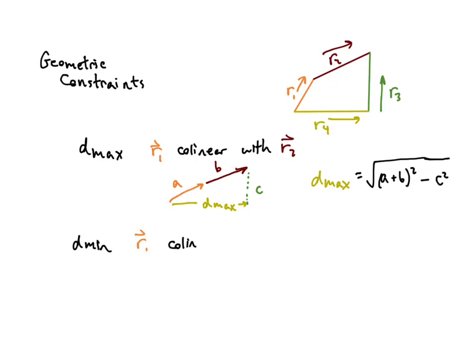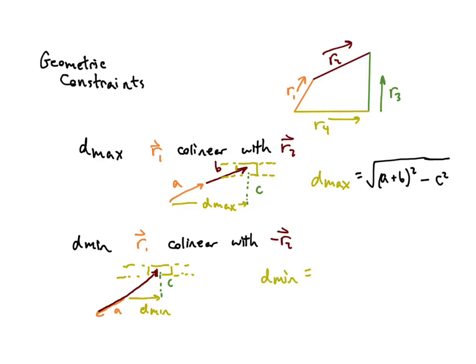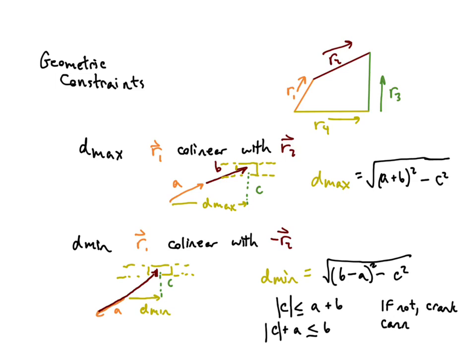Then for D min, we have that R1 is in the same direction as negative R2, so they're going opposite directions. And D min can be set equal to the square root of (B minus A) squared minus C squared. Now, this gives us some guidance for C with respect to A and B.